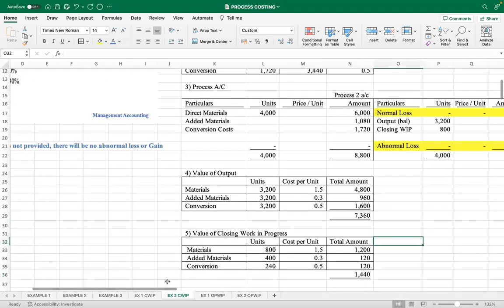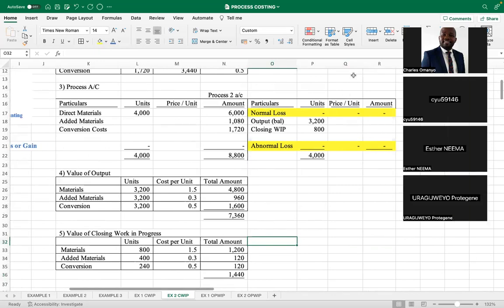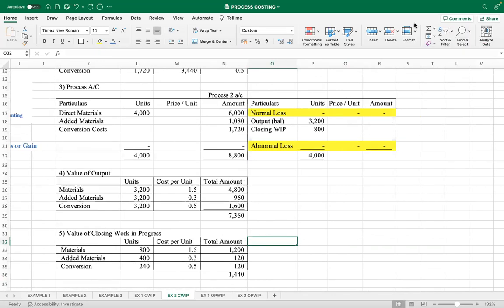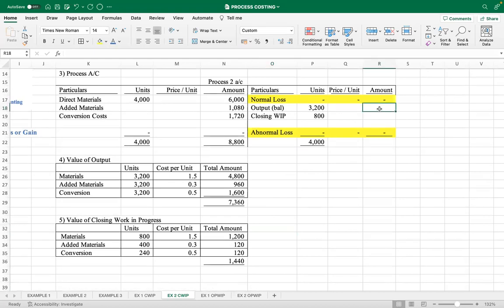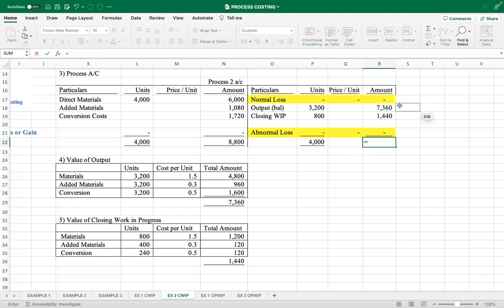So we come and now close the process accounts. Our value of output is 73, and value of closing work in progress is 1440. Let's see if it balances. Remember, balancing figure is 8,800. So does it balance? Yes.